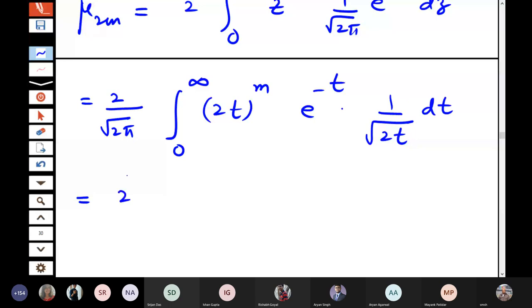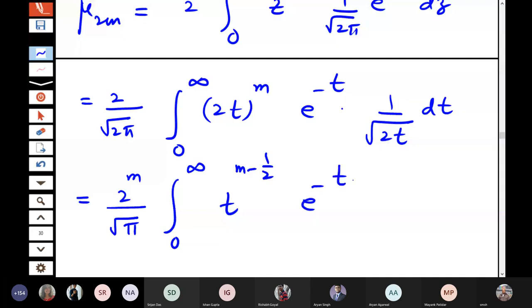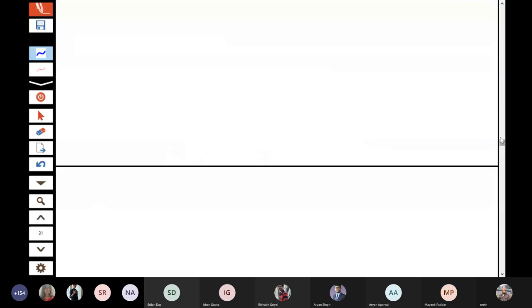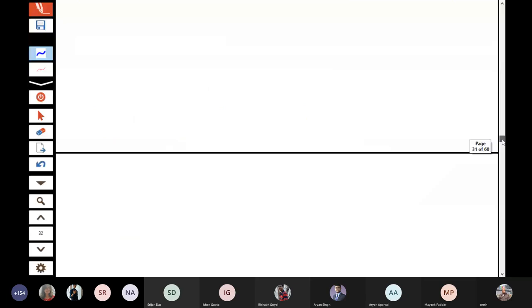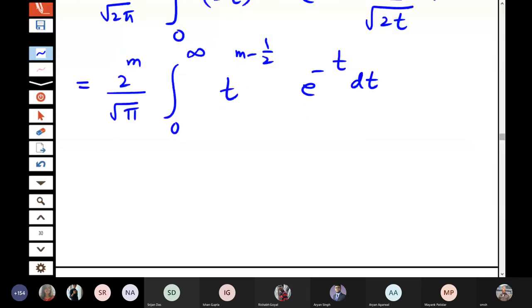So that is nothing but 2 to the power m divided by root pi, integral 0 to infinity of t to the power m minus 1 by 2, e to the power minus t dt. So that is 2 to the power m by root pi, gamma of m plus 1 by 2.